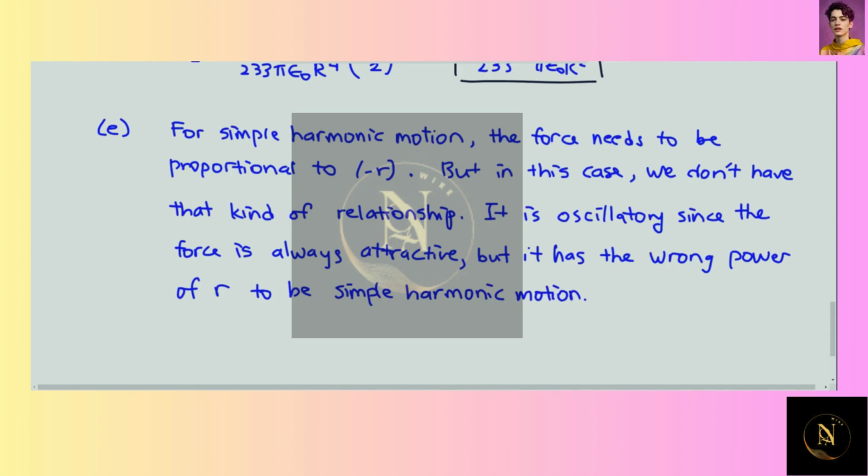So we just don't have this kind of relationship. Yeah, oscillatory because it's attractive. And that's how we explain part E. Okay, and that's all for this question.